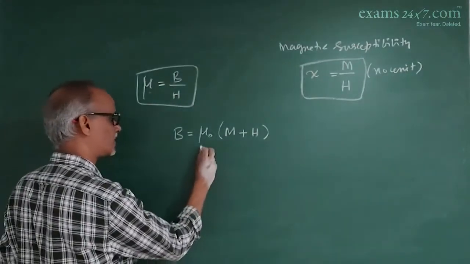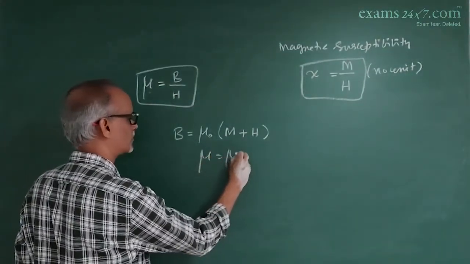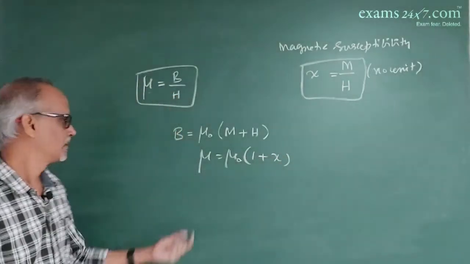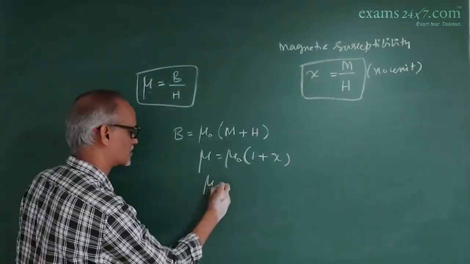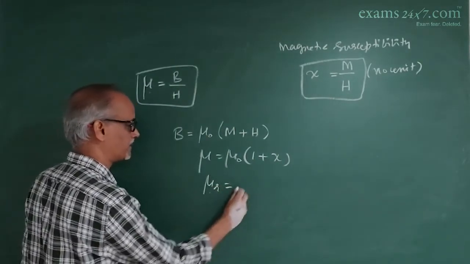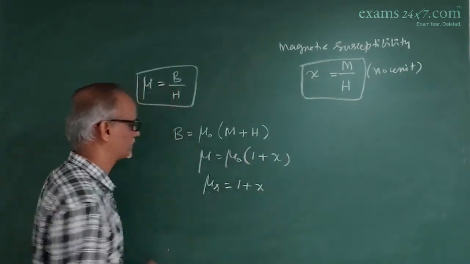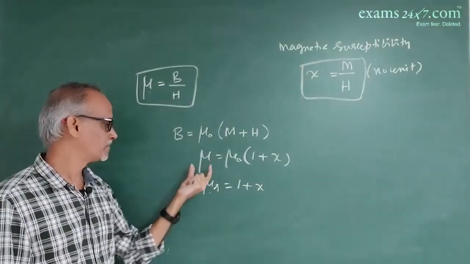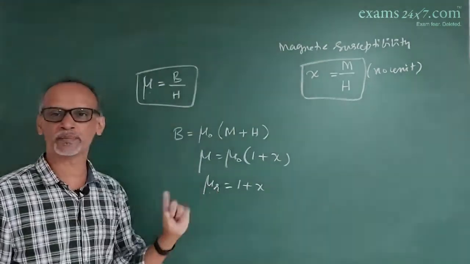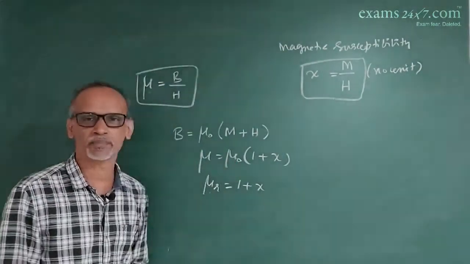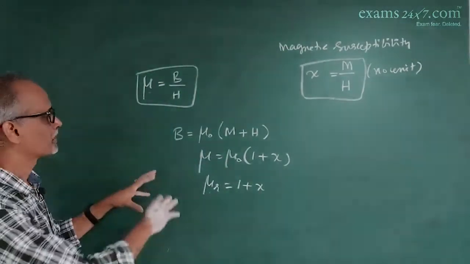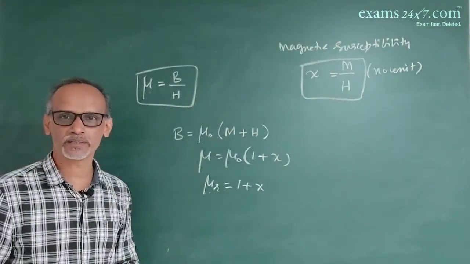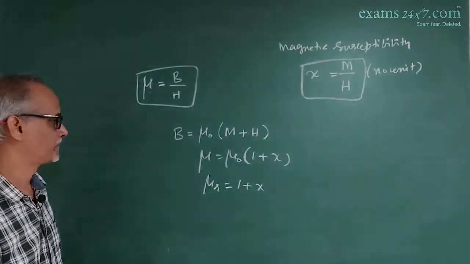And based on this relation, we get mu is equal to mu naught into 1 plus chi. And mu by mu naught is nothing but mu r, which is the relative permeability, equal to 1 plus susceptibility. So mu means magnetic permeability of the medium, mu r means relative permeability of the medium, and mu naught is permeability of free space. So these are the different relations between the different physical quantities associated with the magnetic material.